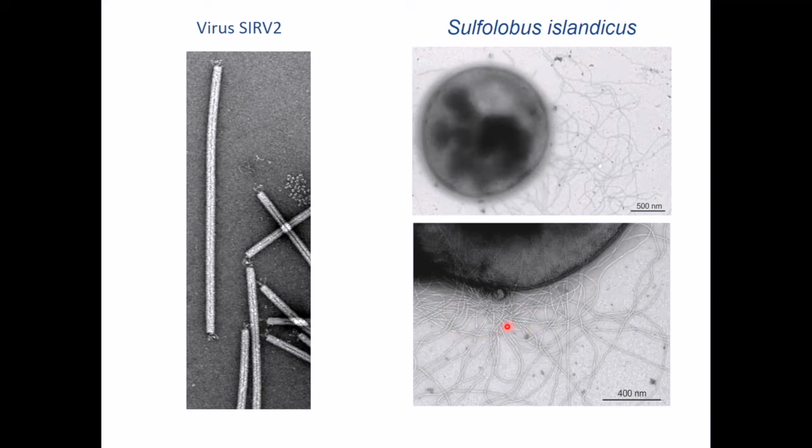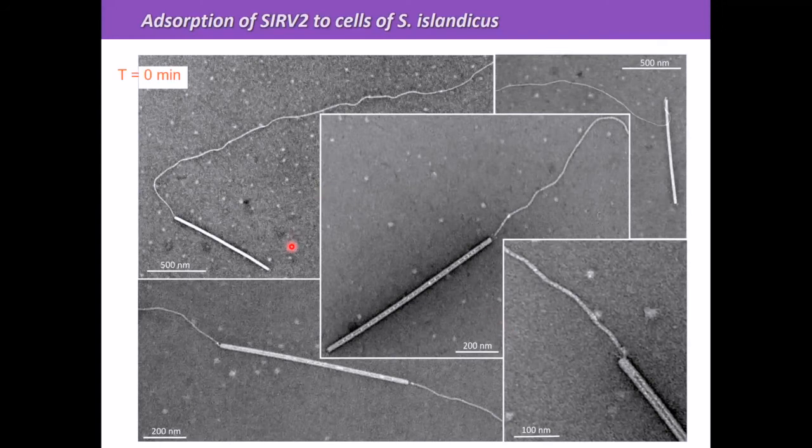The virus binds to the pilus at the tip, and we can reproduce this binding in vitro: isolate pili, mix them with the virus, and it will bind to the tip of the pilus. But this binding happens only at physiologically relevant temperatures. At 80 degrees it will bind, at room temperature there will be no binding. So it's a temperature-dependent interaction between the host and the virus.